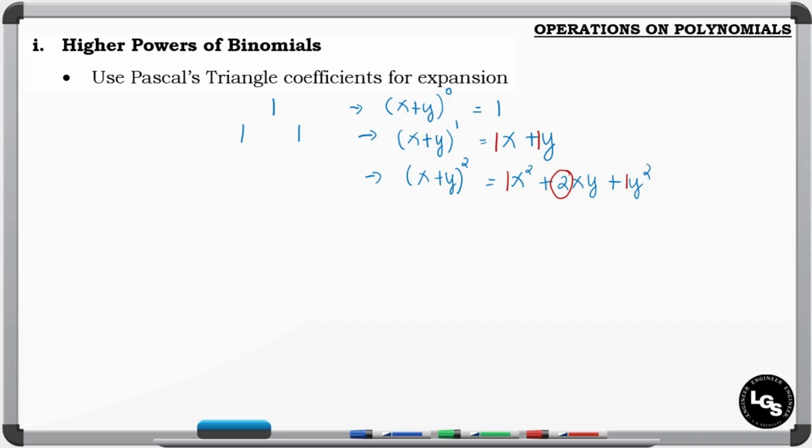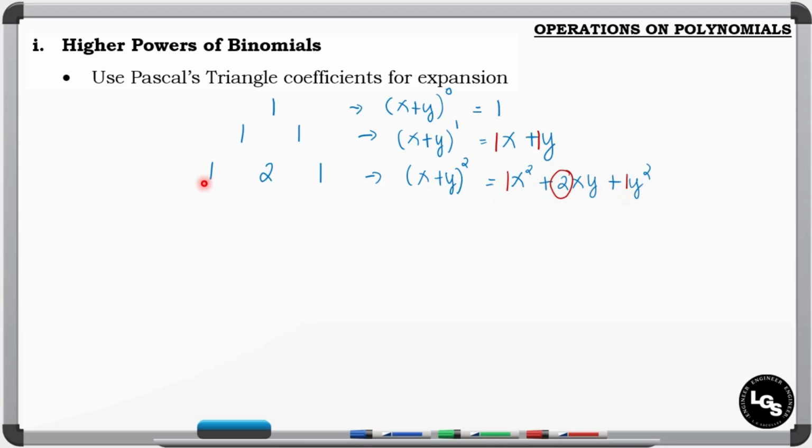So if we will be going back to our triangle, we will write again 1 for the outer, same with this one. Then for the middle term, we are going to add the two terms found at the top of our lower layer. So here, 1 plus 1, so that is equal to 2. So that is where the coefficient of this expanded form came from.